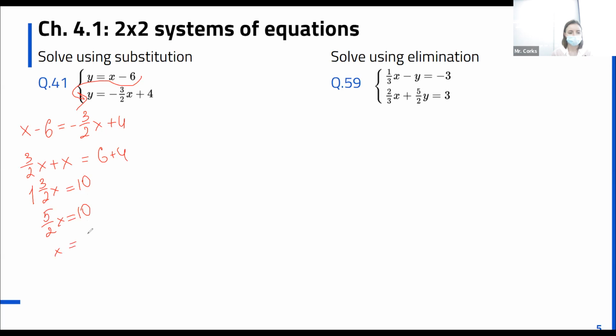x equals 2 divided by 5... yes, and that gives 4.